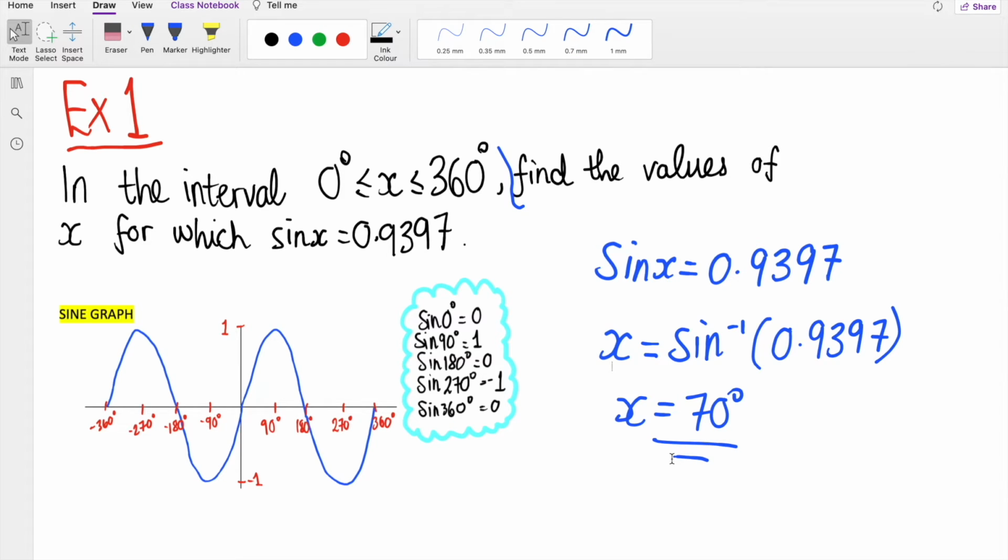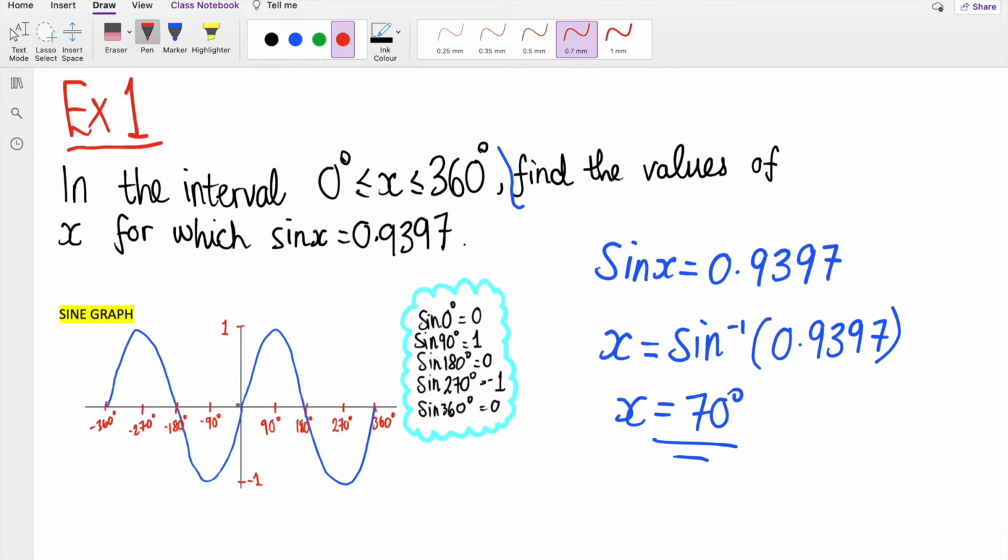Now, as the sine graph repeats itself every 360 degrees, this cannot be the only value that x can equal. The question is asking what other values x can be. So our first answer is 70 degrees.